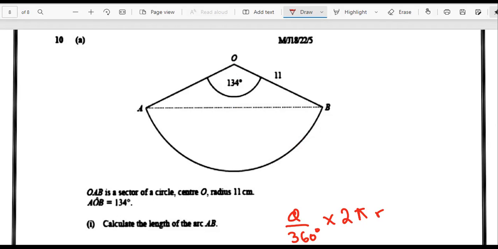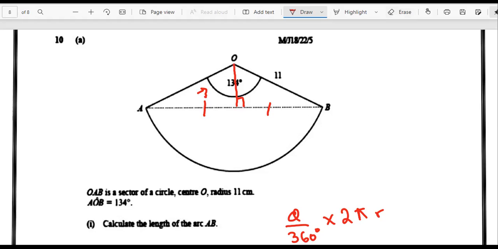And there was a property which said that if we have a line that is coming from the center and then we have a chord of this type AB, and if this line is perpendicular, these two are going to be equal, right? Also, the angle 134 or whatever angle it is, that would be bisected.